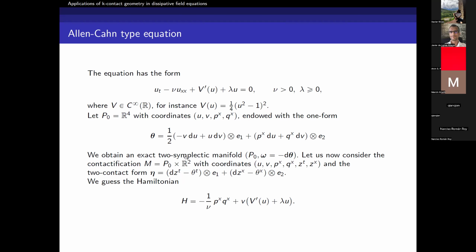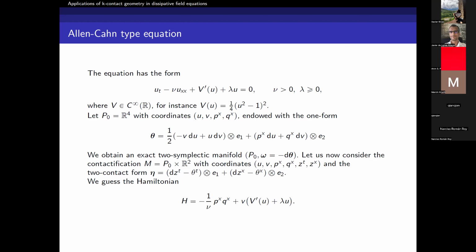Marcin, it is better to explain it a little bit more because you have the theta, which has two one-forms. One of them is the typical Liouville one, the p^x dq_x. This has the role of defining configuration coordinates, u and v, and defining several momenta, p^x, q^x.